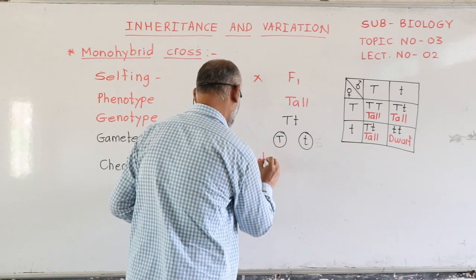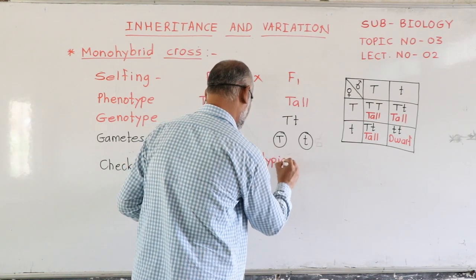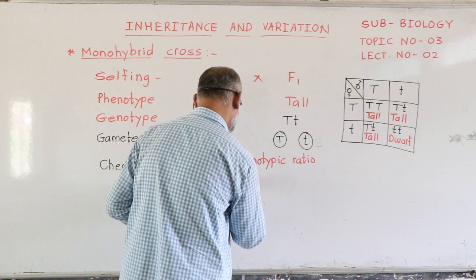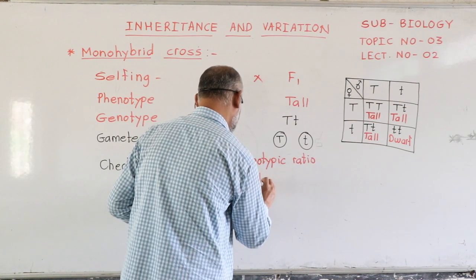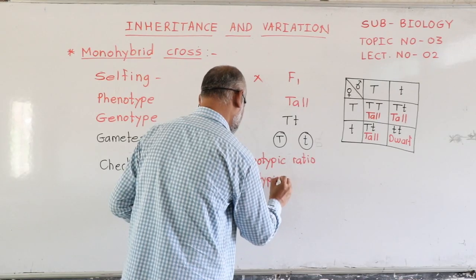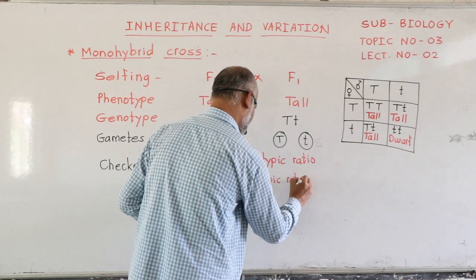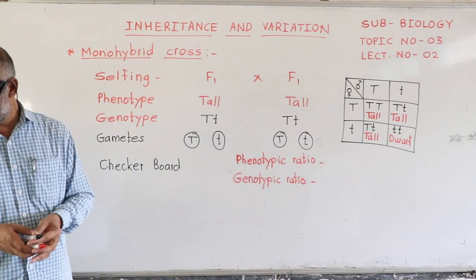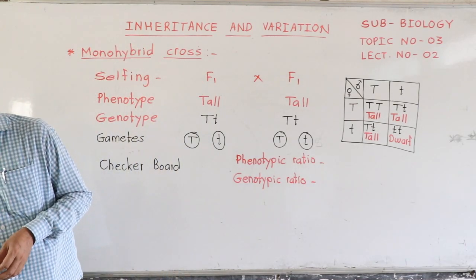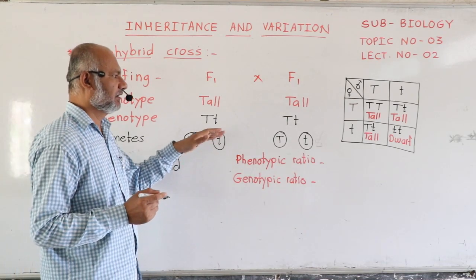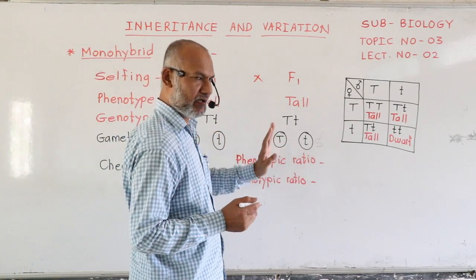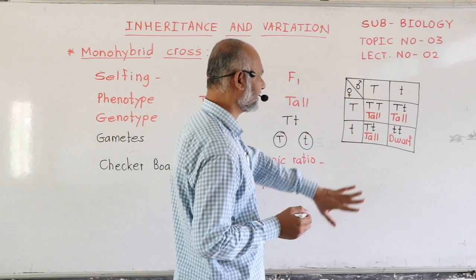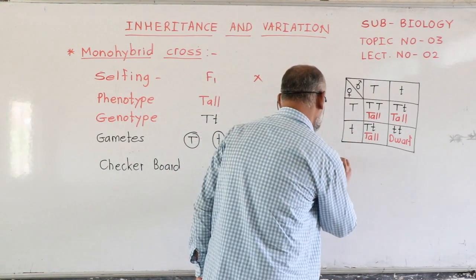Phenotypic ratio is the ratio of individuals obtained in any cross on the basis of phenotype. Here the phenotypic ratio is 3:1, that is 3 tall plants and 1 dwarf plant.